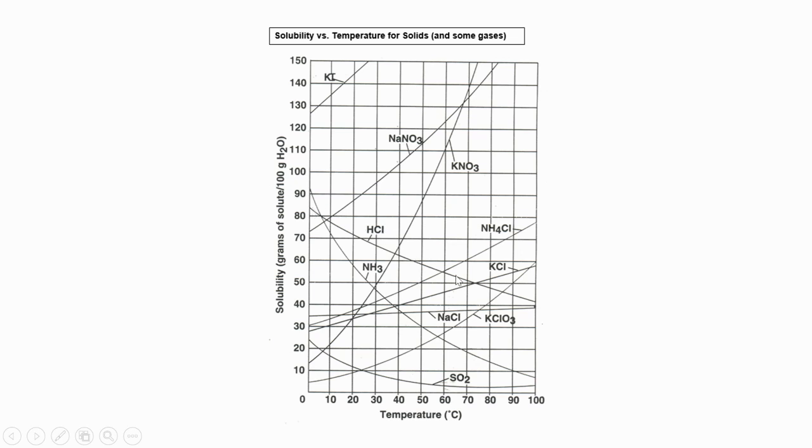HCl is declining, so it's going the opposite way, but it is not declining anywhere near as steeply as this one is inclining. So the one that is most dependent on temperature, the one that changes the most, from about maybe 13 grams at 0 degrees up to 150 grams at 72 degrees, is a very significant change as the temperature changes.